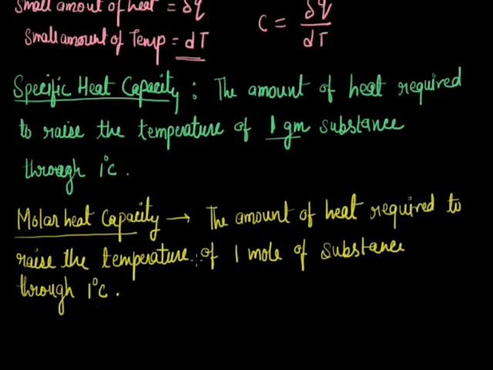It is represented by Cm is equal to C divided by n, meaning heat capacity with respect to the number of moles. n is equal to the number of moles.